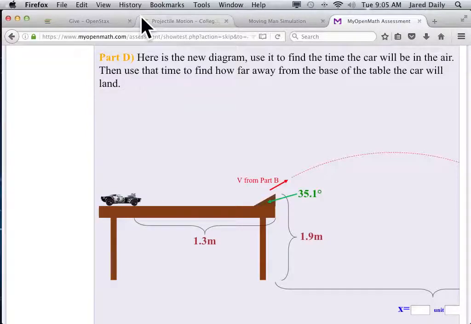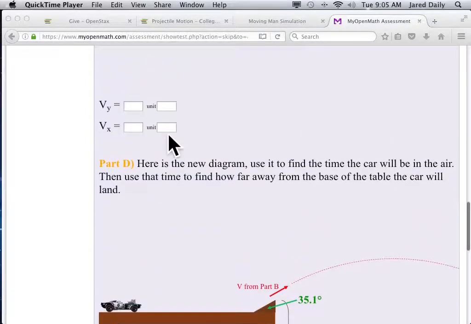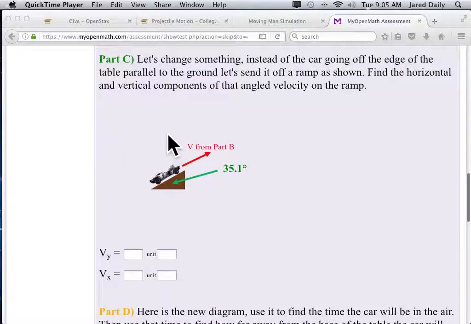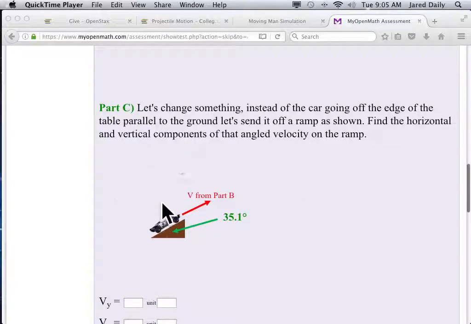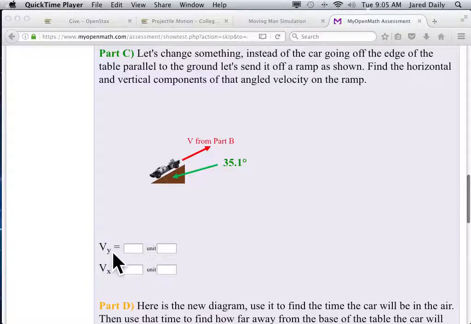Anyway, so what we're saying is that on this problem, number 9, part C, we calculate the vertical component and horizontal component of the velocity, Vy and Vx, if the car is going off this ramp at this angle.